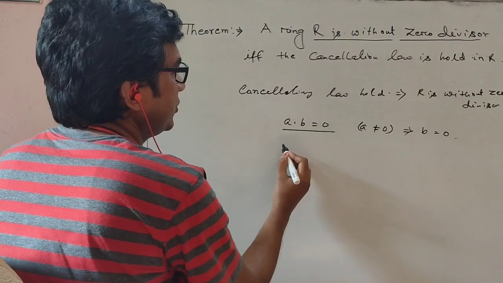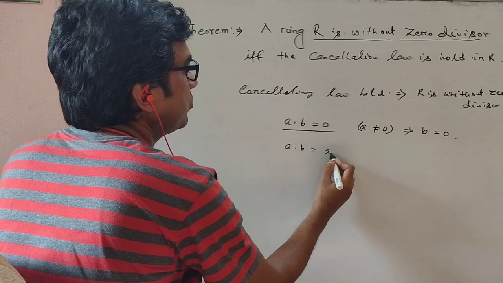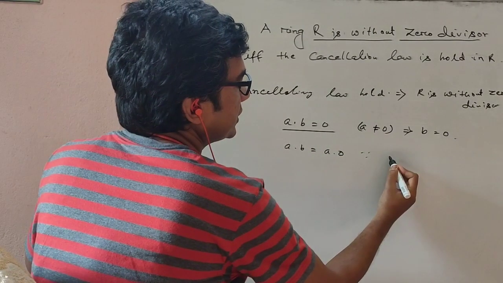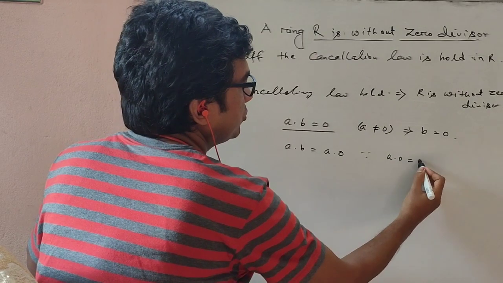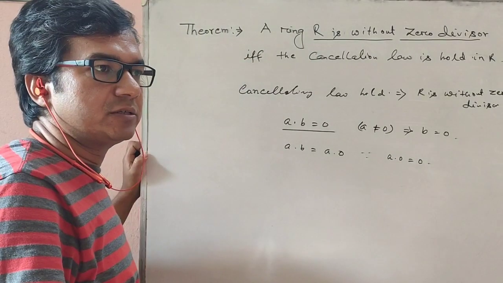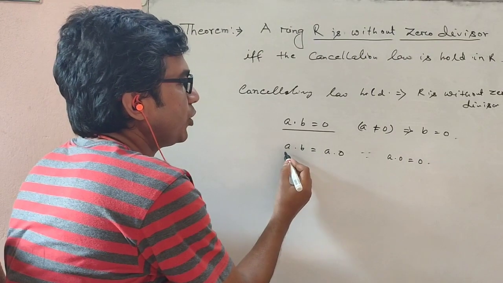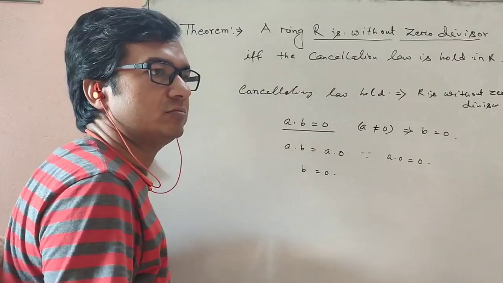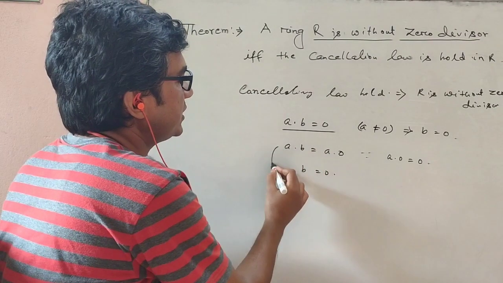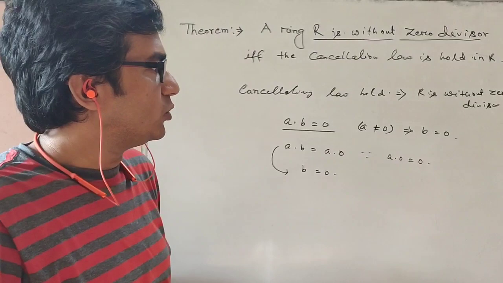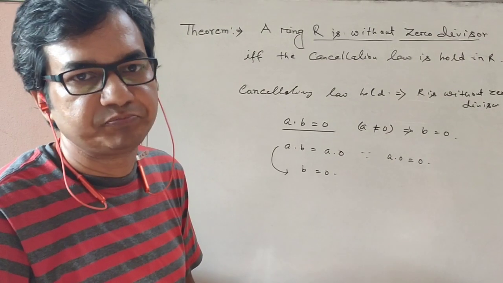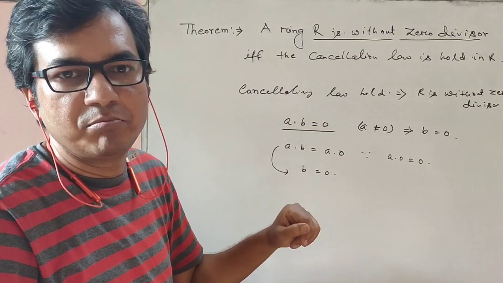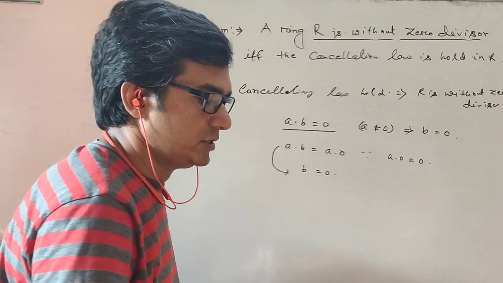From this relation, we can write A dot B equals A dot 0, since A dot 0 equals 0 from the property of 0 element. Now, from the left cancellation law, we can write B equals 0. So, from the cancellation law, we get the ring without zero divisor. Okay, this is a very important theorem of the basic ring theory.